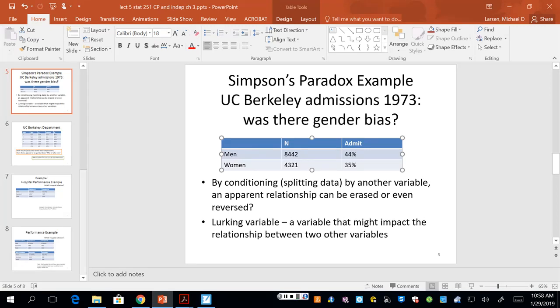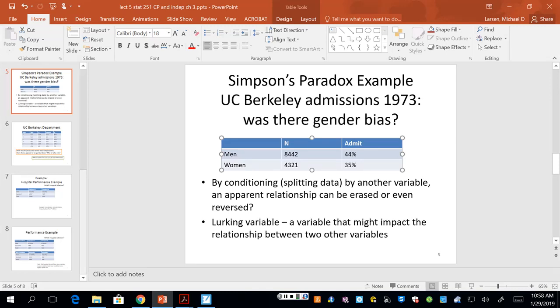So at face value, does it appear that things are fair in terms of admission, or that there's possibly a bias or different treatment based on gender? Certainly the rate is lower, right?